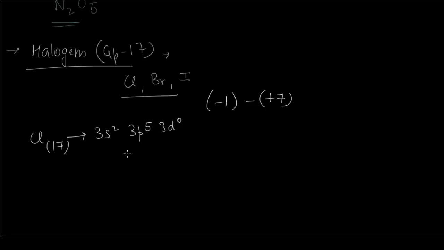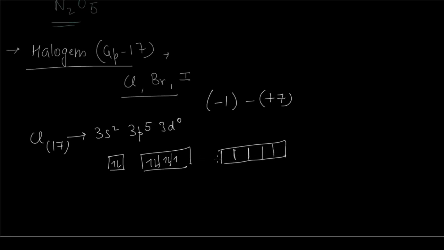If you do its electronic configuration in terms of orbitals and draw the different subshells, this is the 3s subshell fulfilled, this is your 3p subshell with one electron less, and this is your vacant d orbital. It's a p block element in the third period, hence it can have a vacant d orbital.